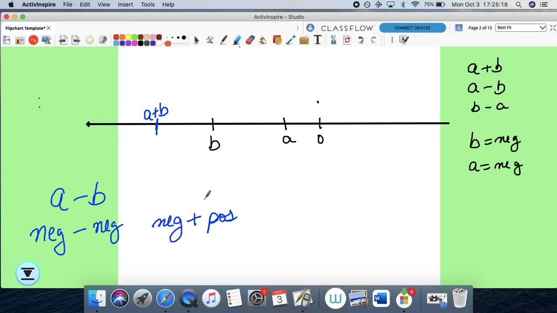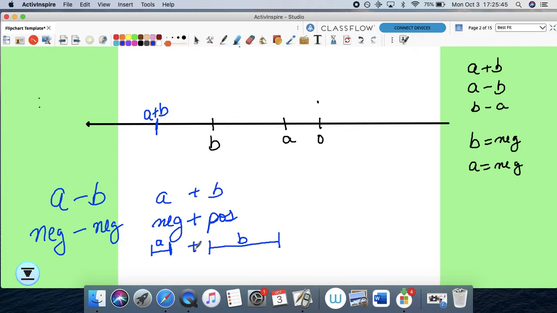Okay, so now it's maybe easier for you to understand what's going on here. So we have a negative plus a positive. Here's a negative number, which is a. So a minus b became a plus b. So negative, that's how much a is, plus a positive. In this case, the positive b is this much, right?